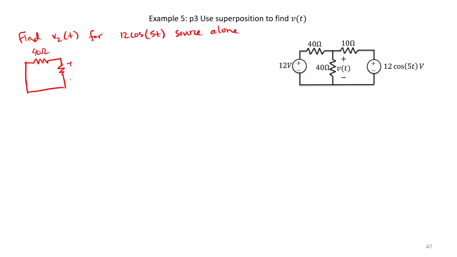Got our 40 ohm resistor, V2 of t across the other 40 ohm resistor. We've got our 10 ohm resistor, and now our voltage source is on the right-hand side.